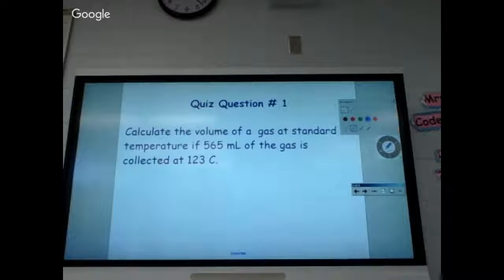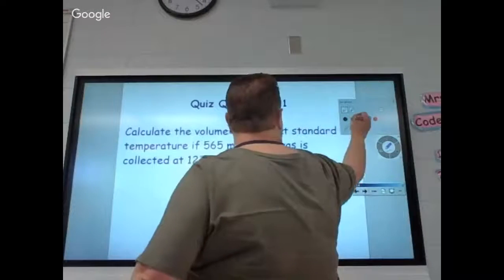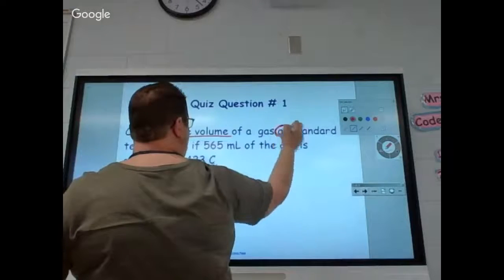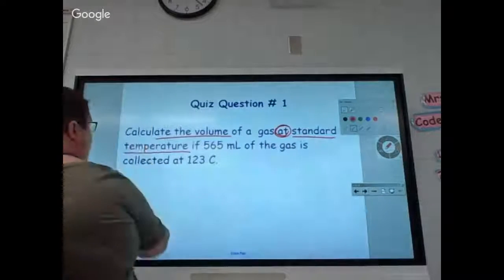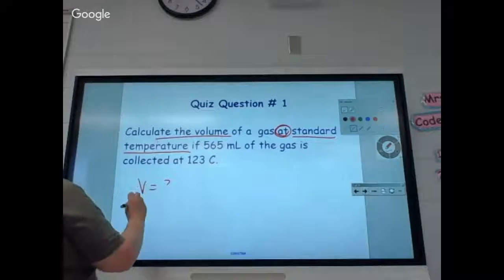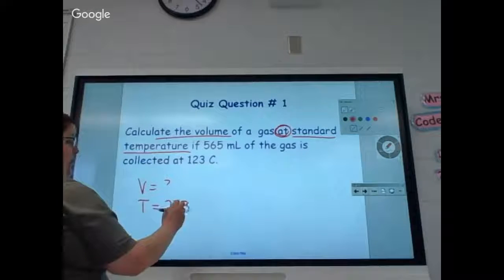Several of you in here and 3rd period left those in Celsius and calculated, and you get the wrong answer. All right, number 1 and number 3, people made the exact same mistake here. Look at the wording of the question. Calculate the volume at standard temperature. Wherever you put your question mark for calculate the volume, the temperature has to be what? 273.